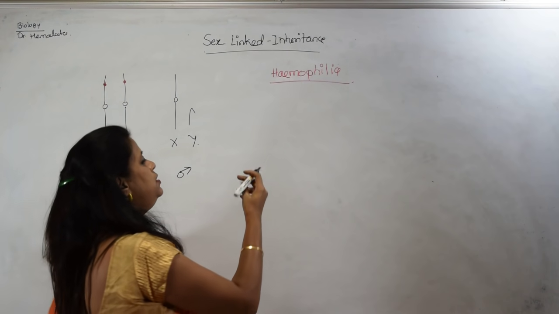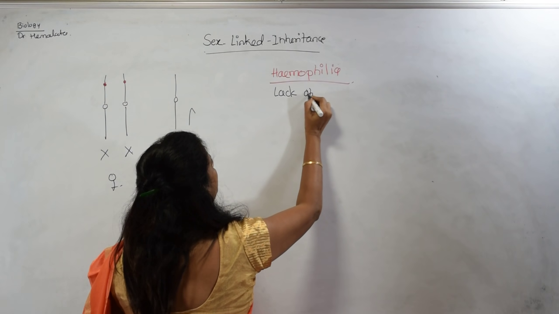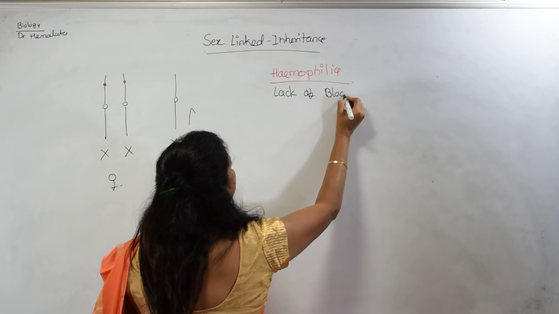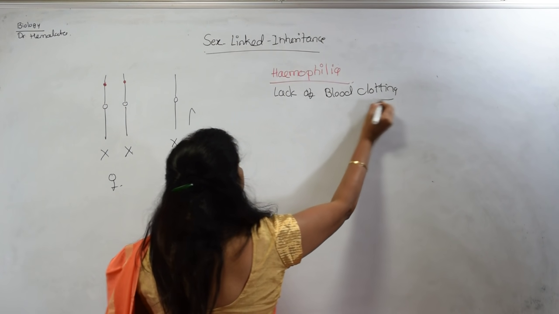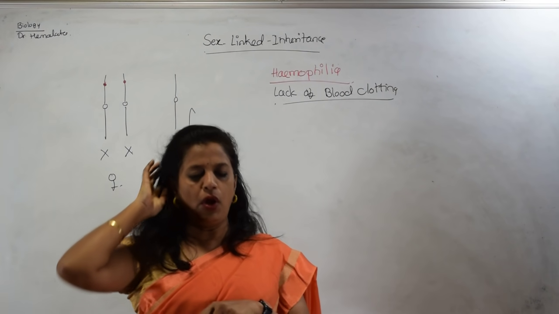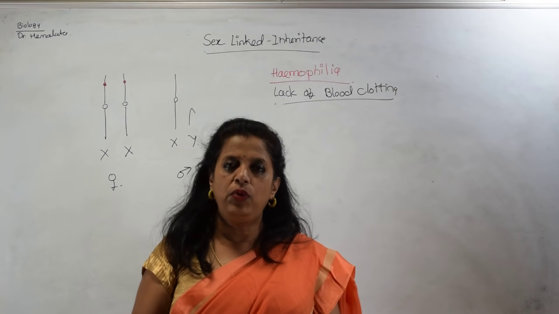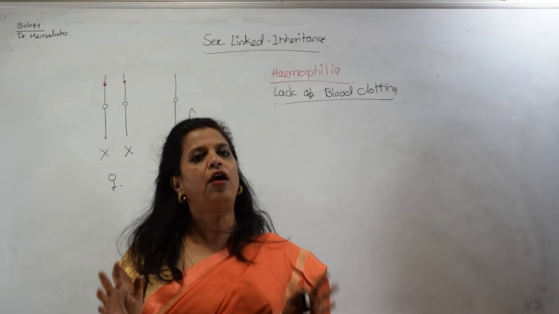So this disease is characterized by the absence of or lack of the blood clotting gene. This is the reason why any smaller wound, even a small pinch, will result in continuous bleeding for more than half an hour or 1 hour.